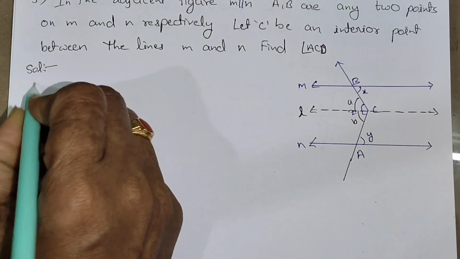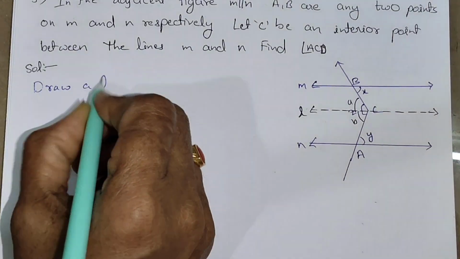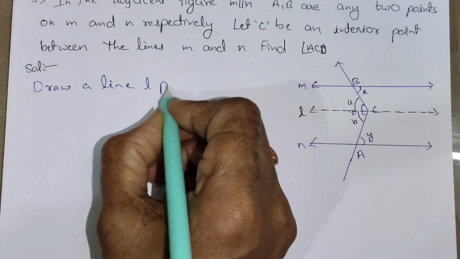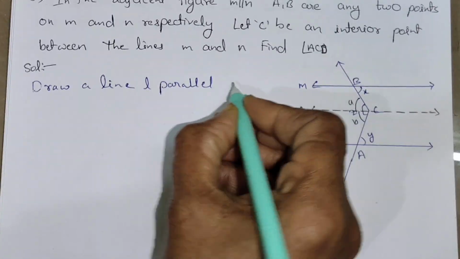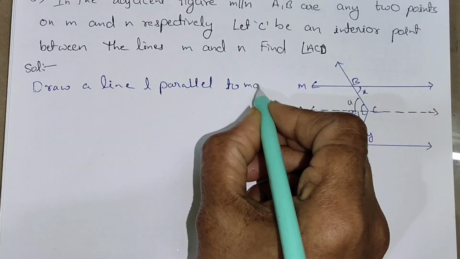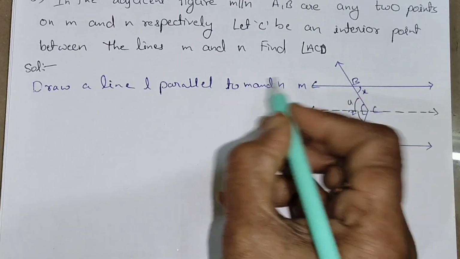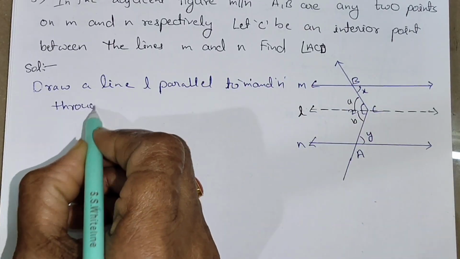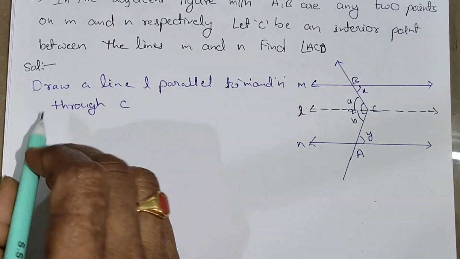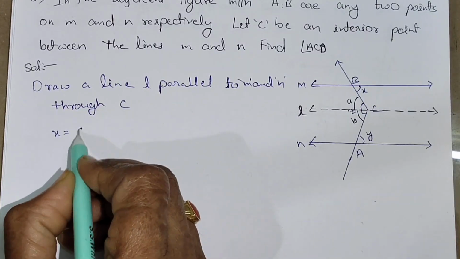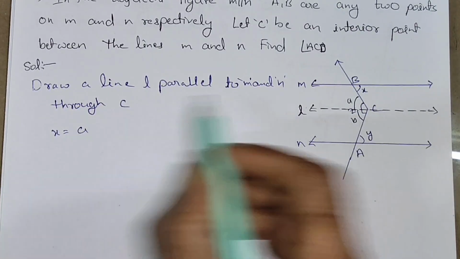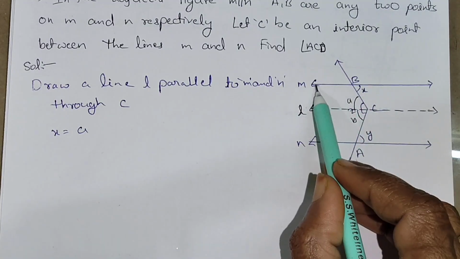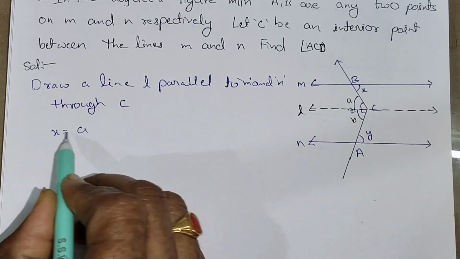So draw a line L parallel to M and N through C. Here X equals A, because M and L are parallel lines. First we write that.